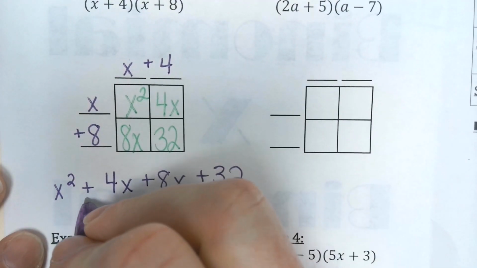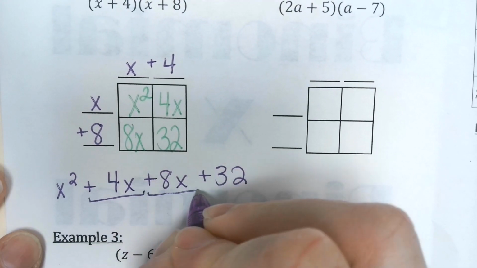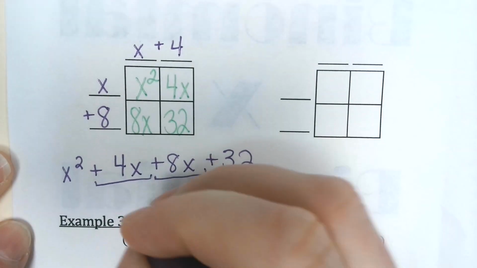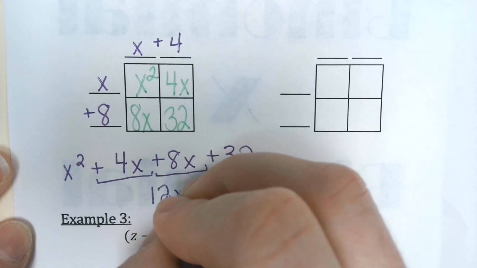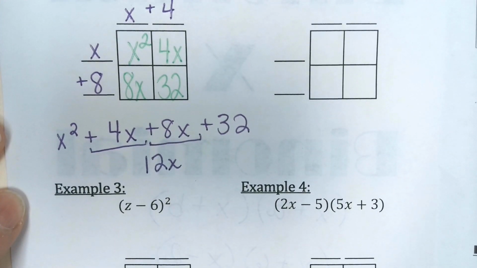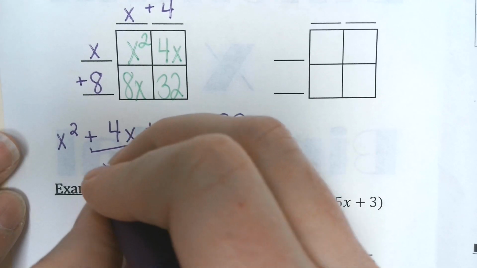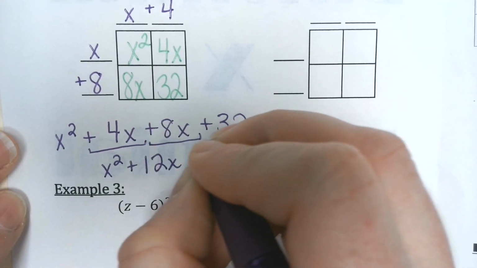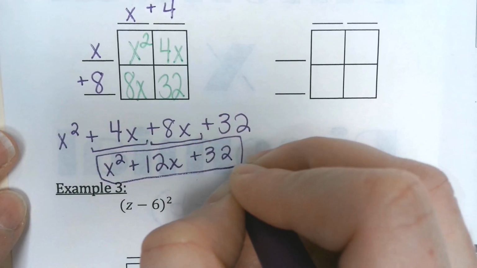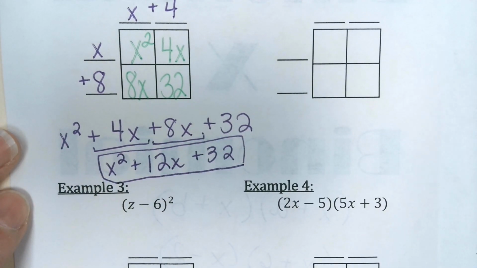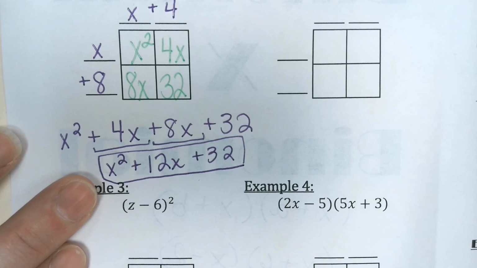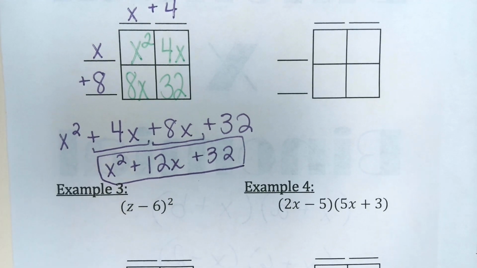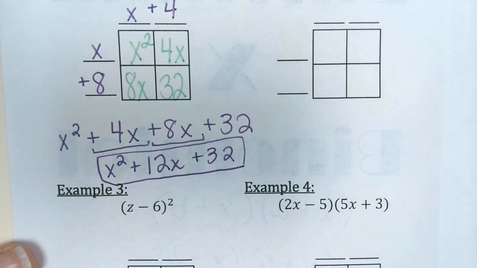And then we would combine like terms, which are just the x's. 4x plus 8x is 12x. And then carry everything down: x squared plus 12x plus 32. So when we multiplied binomials, we got a trinomial because the middle terms added together.